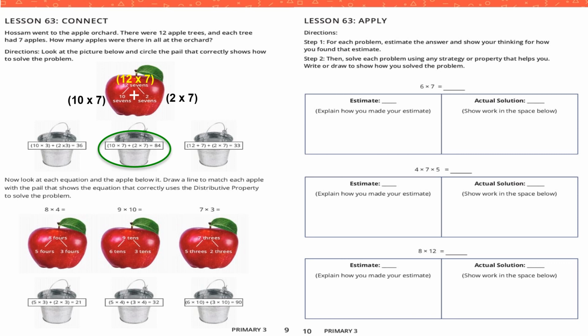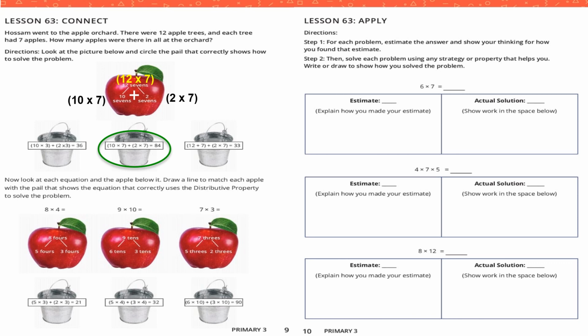The next one, he is telling me to look at each equation and the apple below it and draw a line to match each apple with the pail that shows the equation that correctly uses distributive property. I have here the equation above the first apple, 8 times 4. It means 8 fours.